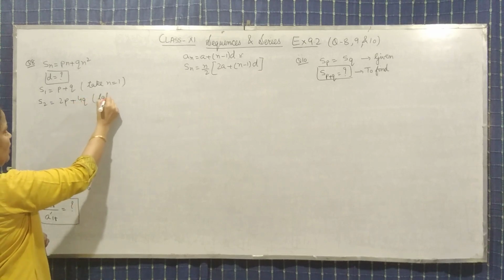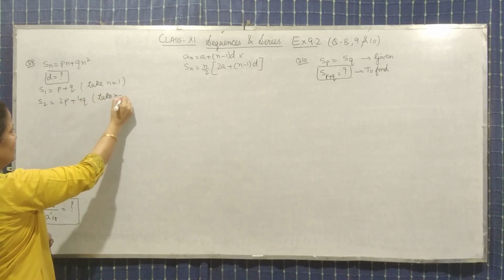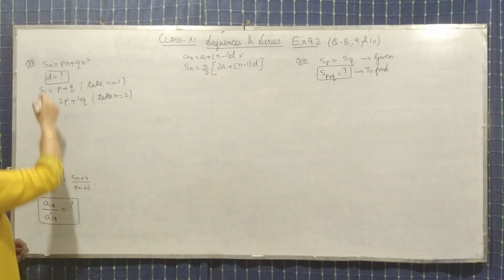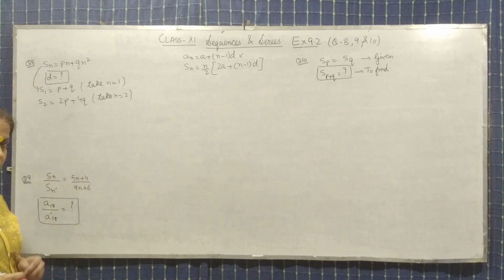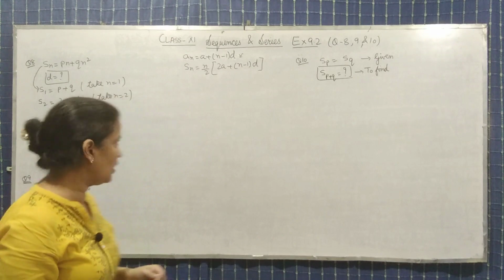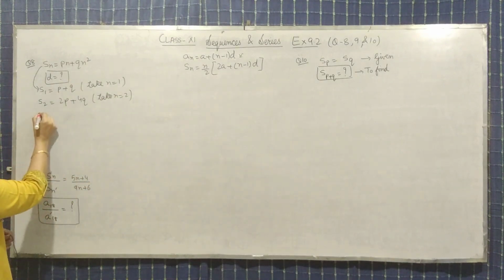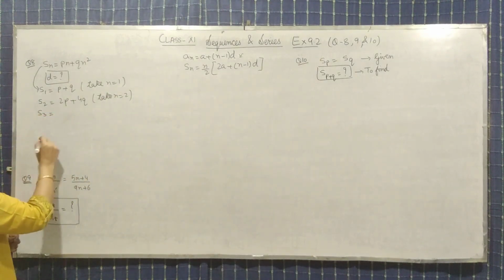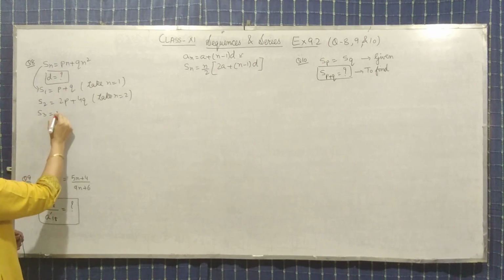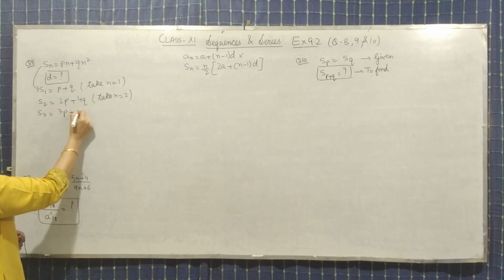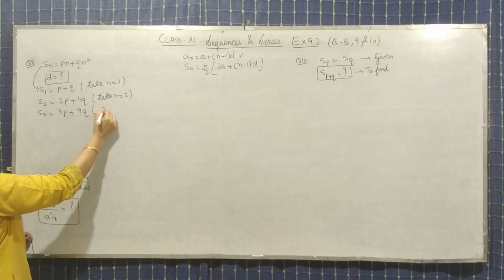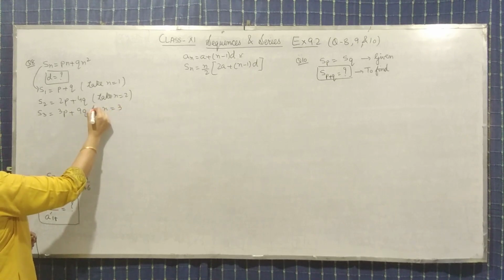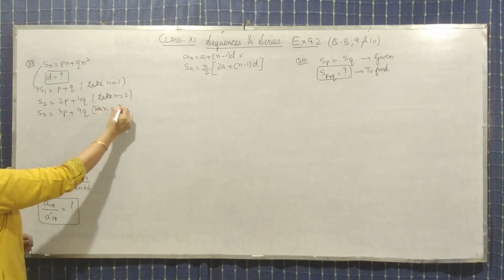Here what we have done? Take n as 2 in the given formula. Whatever the sum of the nth term is given, in that we will put it. Find out S3 also if you want. S3 means 3p plus 9q. Here you have taken n as 3.